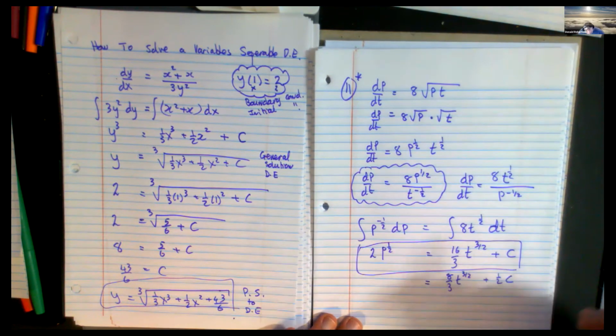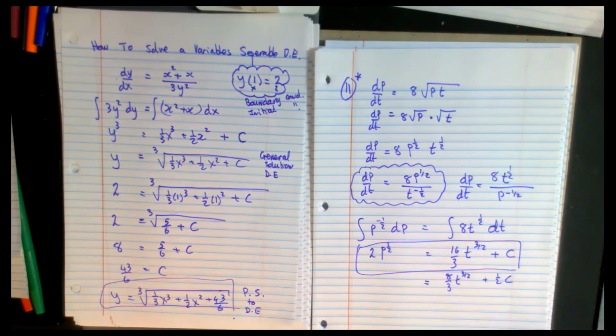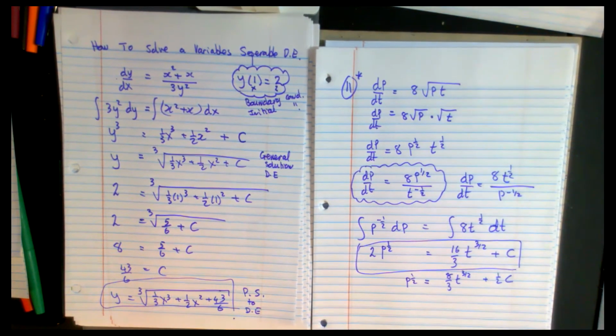According to what I'm looking at, they just left it like that. For the bottom part, would you still have p to the 1/2, or how would that work? Oh, yeah, that would be p to the half here.